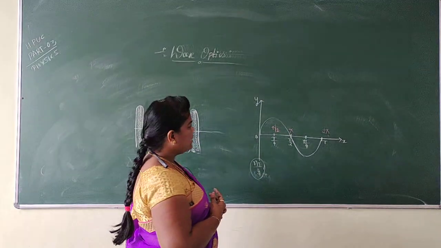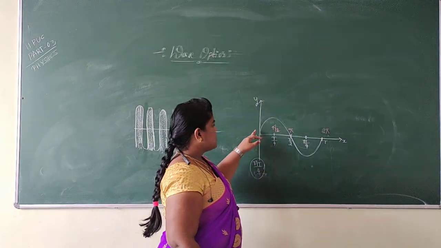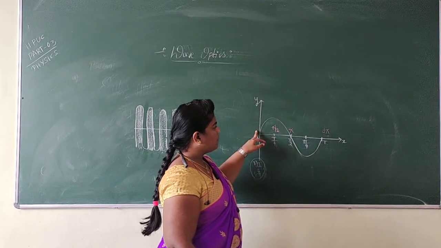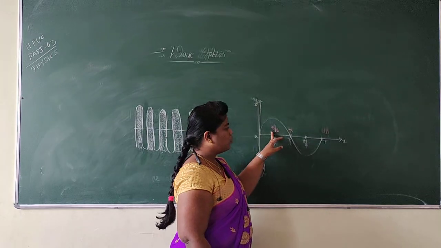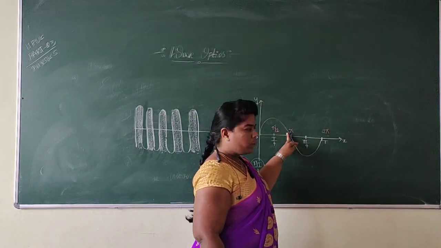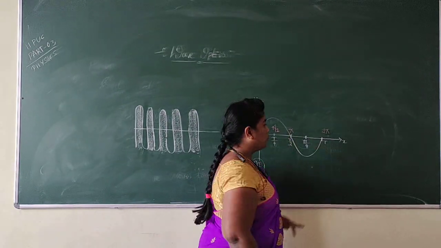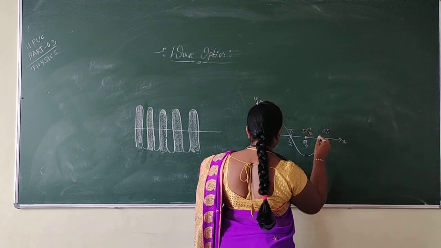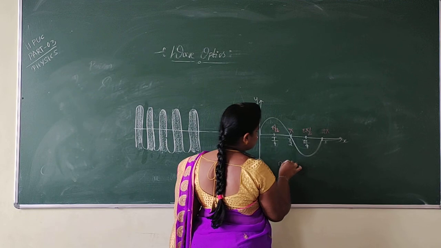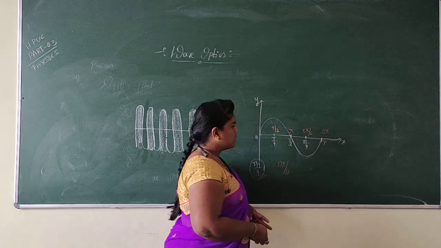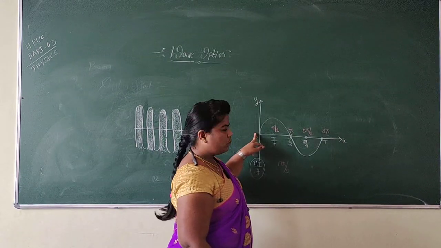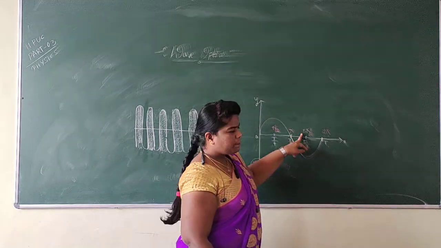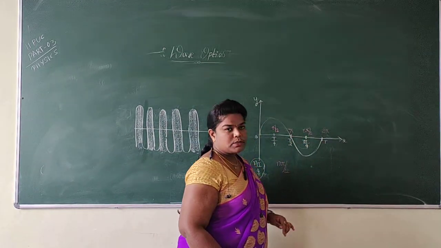You get 0 pi by 2, 1 pi by 2, 2 pi by 2, and here 3 pi by 2. So it varies as n pi by 2: 0 pi by 2, 1 pi by 2, 2 pi by 2 gives you pi, 3 pi by 2, 4 pi by 2 gives you 2 pi.